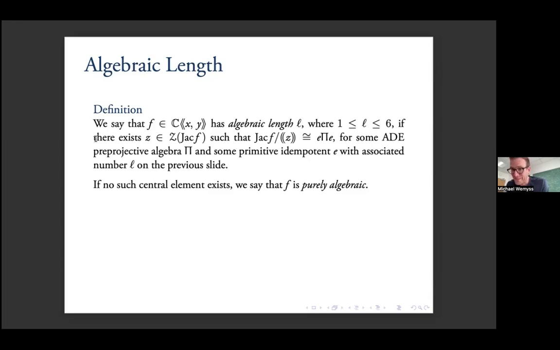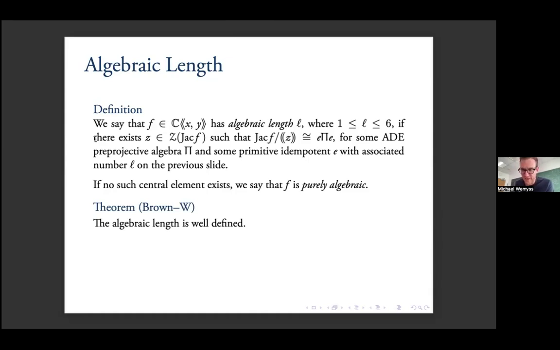That actually happens. The claim is that it might well happen, but the numbers are always the same. And so that is probably our main theorem, that this algebraic length is well defined.